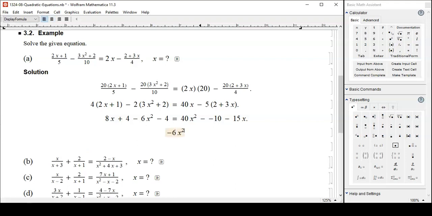Negative 6x squared plus 8x plus 4 minus 4. Okay, that's going to be gone. Here we have some typo here. So here's the alignment. Okay, all right. Where were we? Another typo.